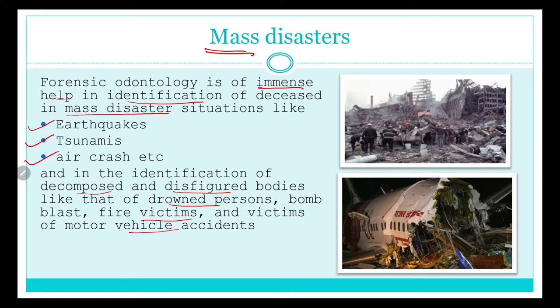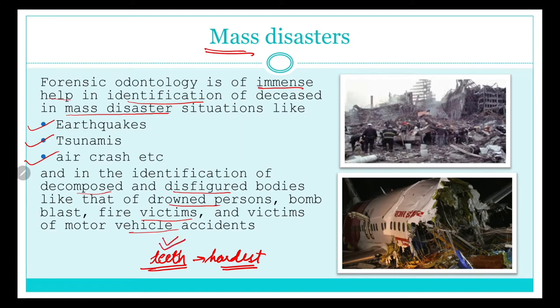So forensic odontology talks about what? Teeth, right? And teeth are the hardest portion in our body, so they resist any kind of destruction. So in cases of mass disasters, even when the body of the person is completely destroyed, what we get to see is teeth are still present.